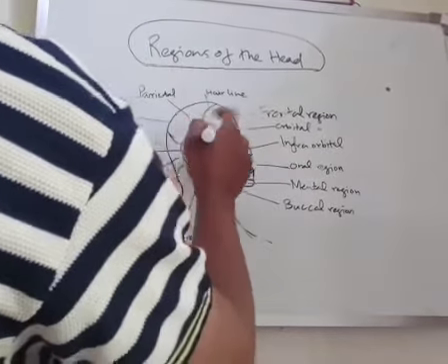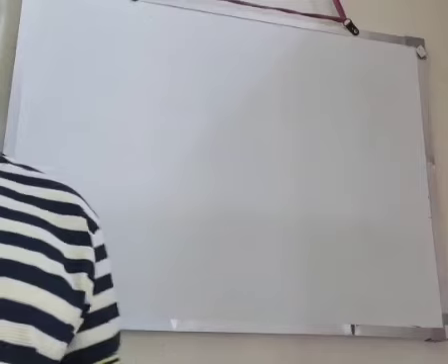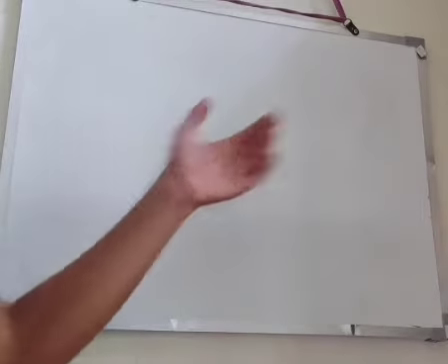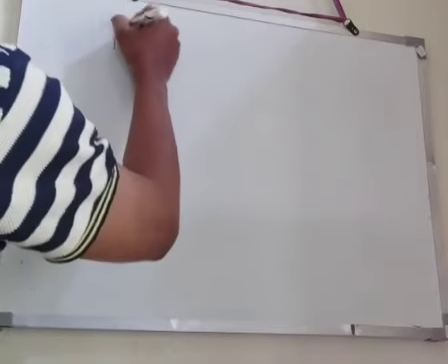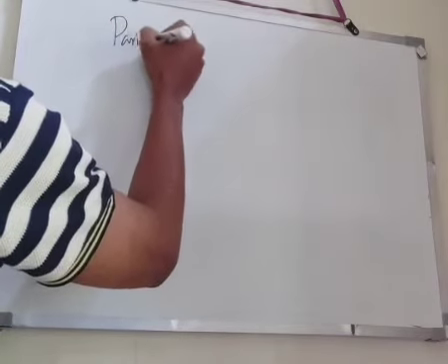This is the temporal region. We already drew a diagram of the regions of the head and marked them. So now let's move to the parietal region.